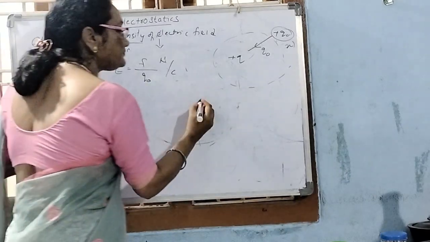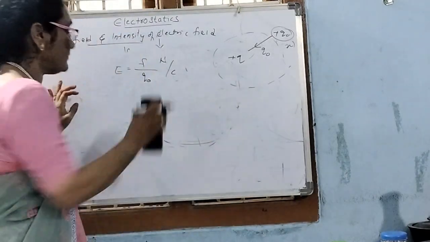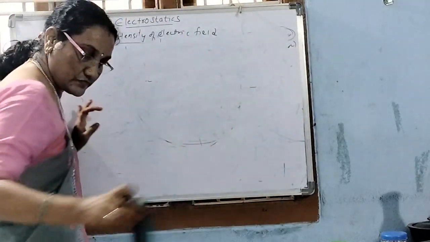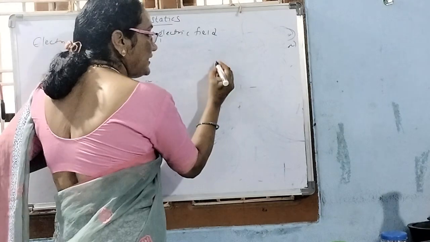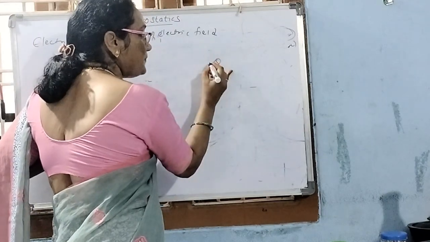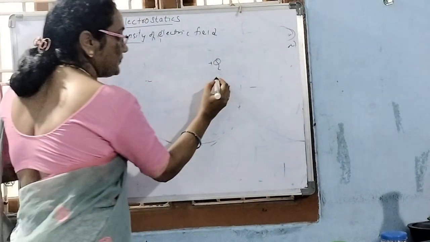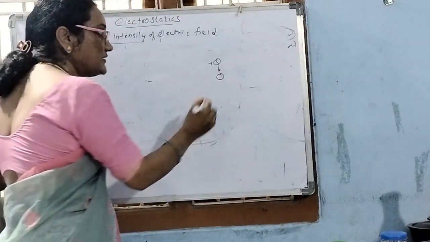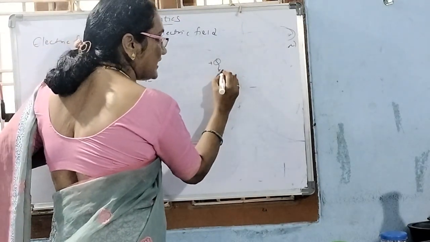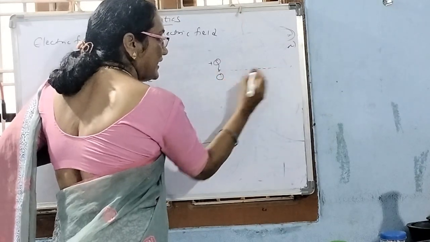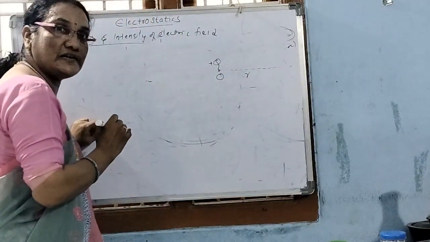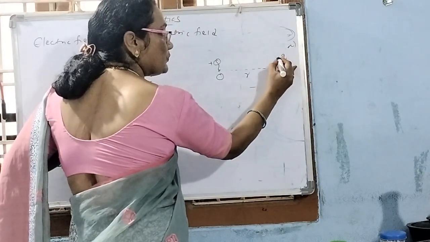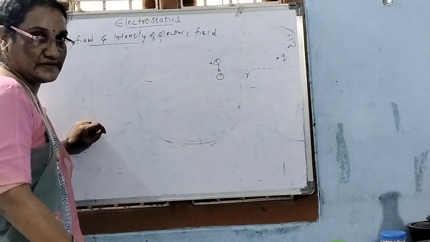For that, let us assume a positive charge Q at point O, right? Now, let us assume that at a certain distance R, a test charge q is present.